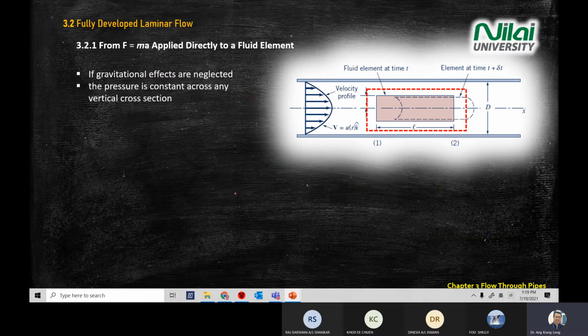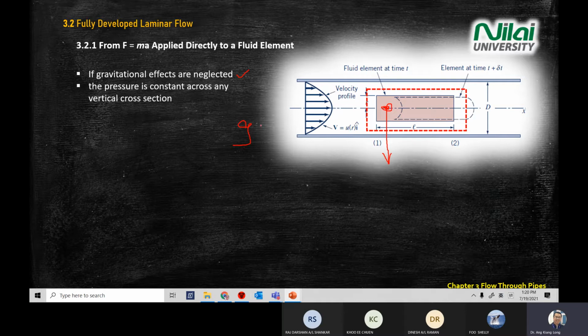Look at the center of the pipe here, which I labeled with the red box. What are the assumptions when we use the F equal to ma equation? First, there is no gravitational effect in our equation, meaning we take out the g effect. Gravitational force is going to move all the mass of your fluid down.